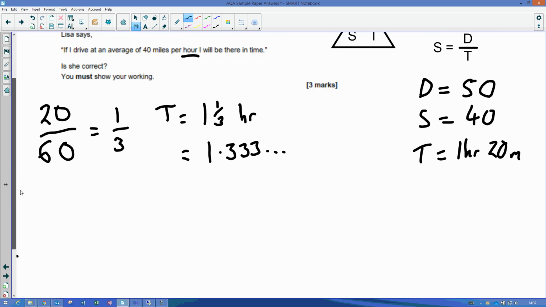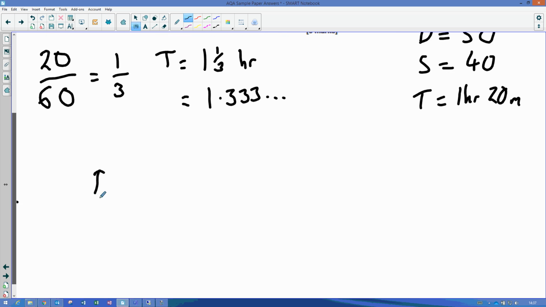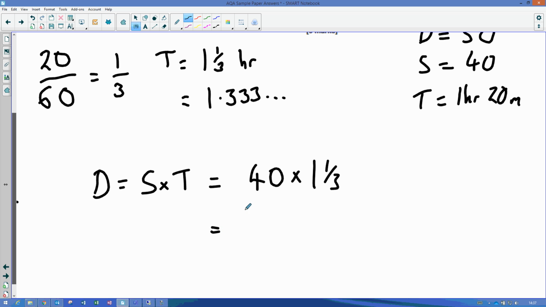So first we're going to do distance equals speed times time. Our speed is 40 and our time is 1 1/3. Timesing by a mixed number is not that easy, so we want to change our mixed number to a top-heavy fraction. 1 whole 1 is 3/3, so altogether here we've got 4/3.